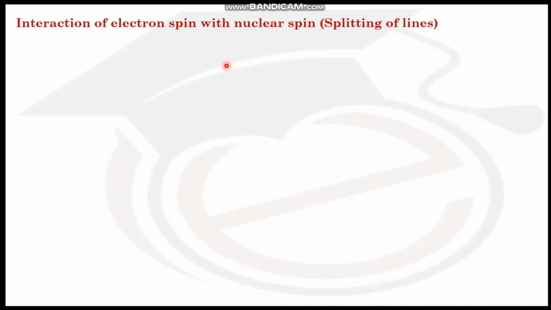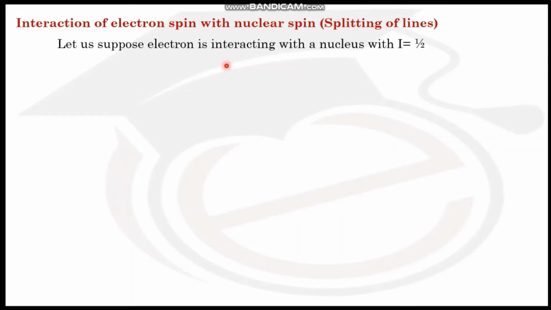After that we consider the splitting. For a particular signal, we have to consider its neighbors. Its neighbors cause the splitting, right? It is 2nI plus 1, and when there are multiple neighbors, we have to multiply the values. Like that we consider the splitting of the line. Here also we consider in a similar way.